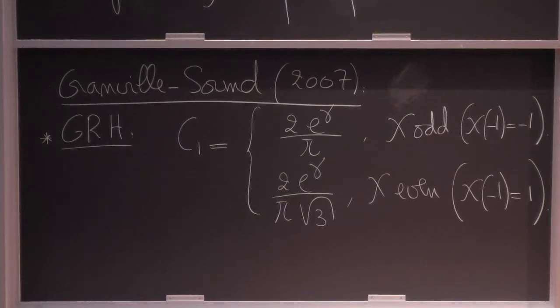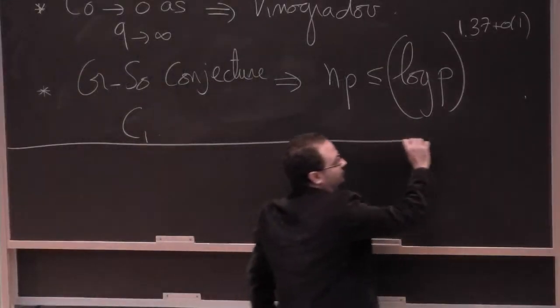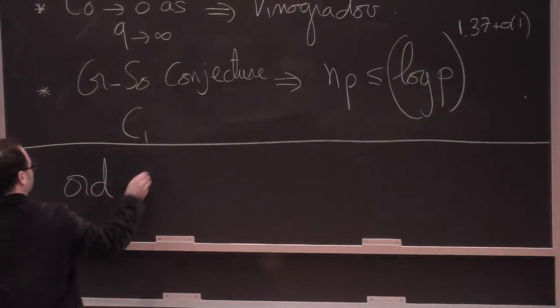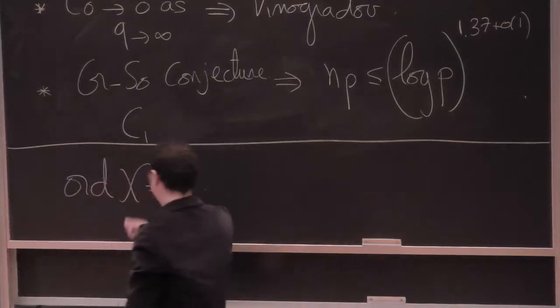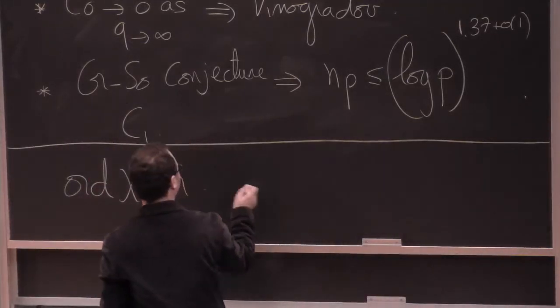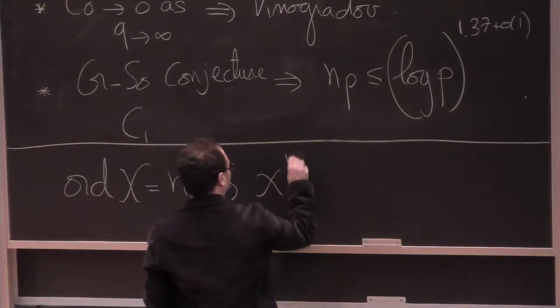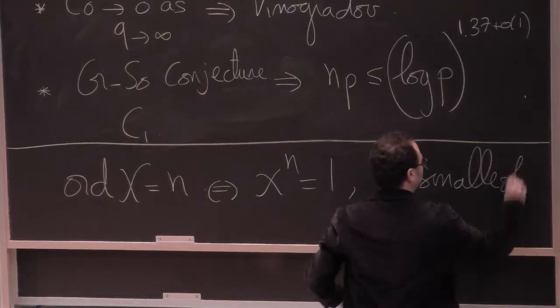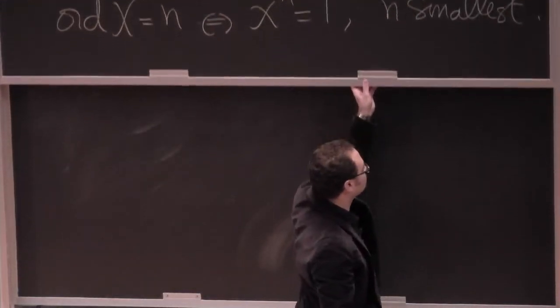Okay, so maybe here let me just add the definition of the order of a character, which is simply the order as a homomorphism. So the order of chi is n. This is the same as chi to the n being 1, with n the smallest such that this is true.